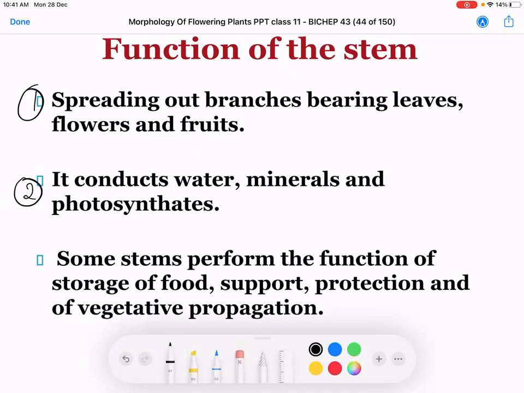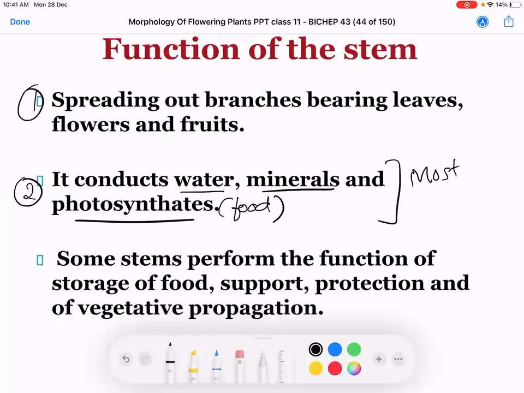Job number 2, it conducts water, minerals, and the material produced from photosynthesis, that is food. The special term used is photosynthates, the material produced by photosynthesis. This is one of the most primary functions for which the stem originated.